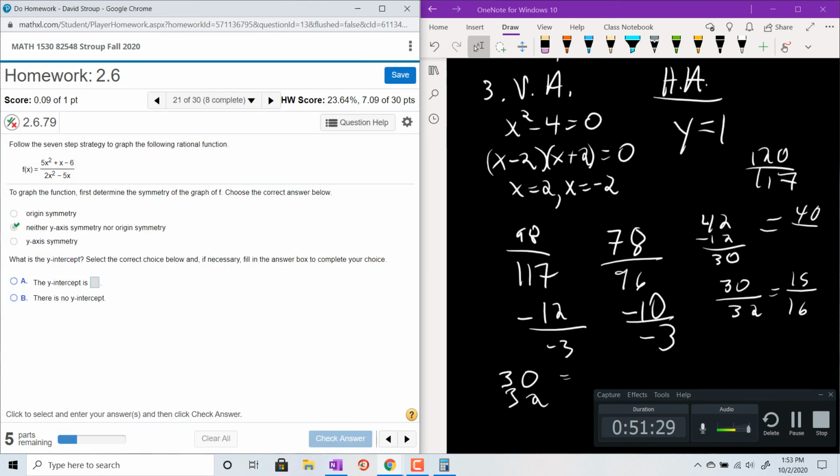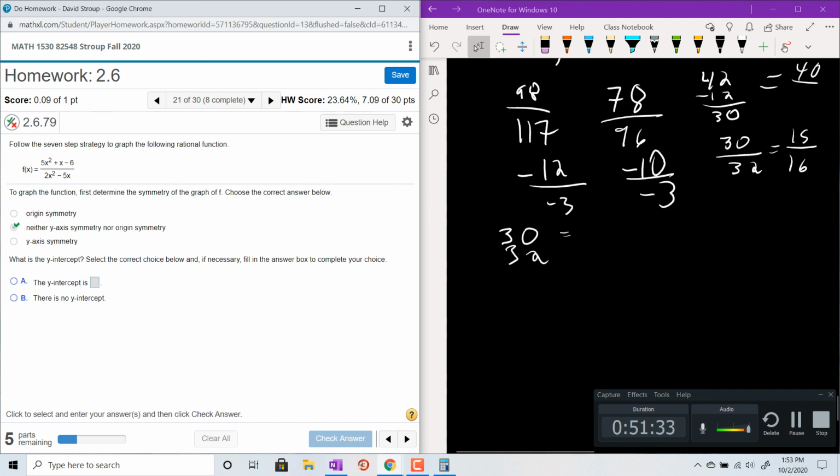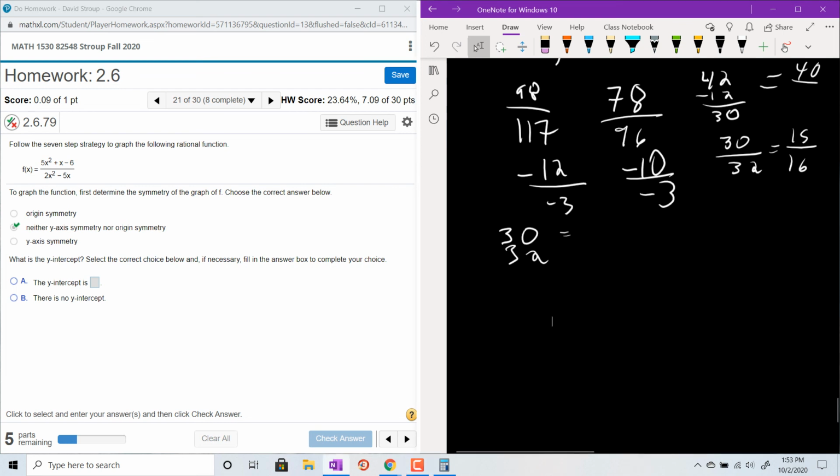Okay, so those will be challenging for you. Let's go on to the last section. What is this, 2.7 then? Okay. So 2.7 are polynomial and then rational inequalities. Whoops, 2.7.